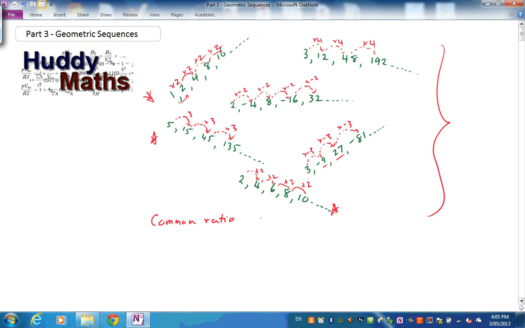In other words, the nth term divided by the one before comes to a common ratio. Or we might like to write that any term is r times the one before it. So that would be a recursive way of writing the information for a geometric sequence.